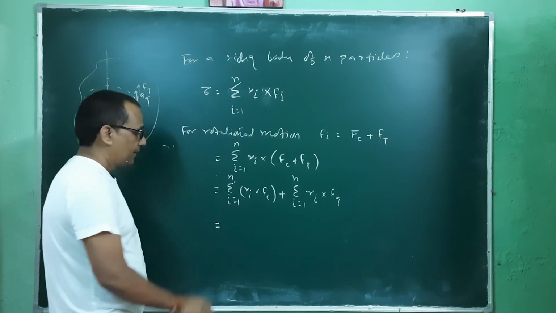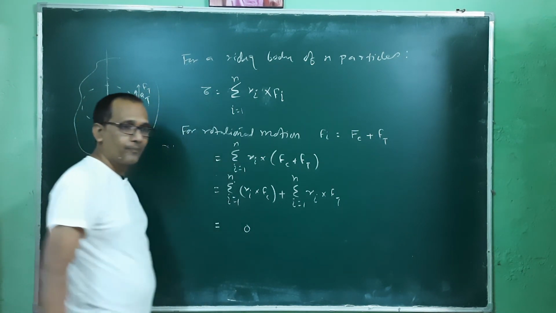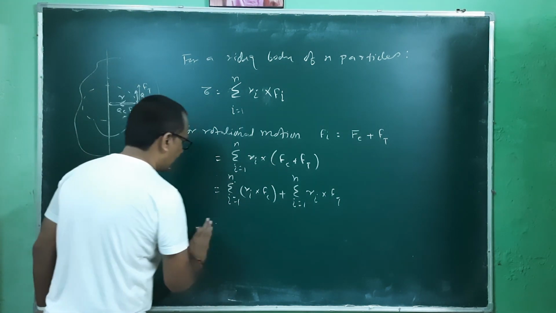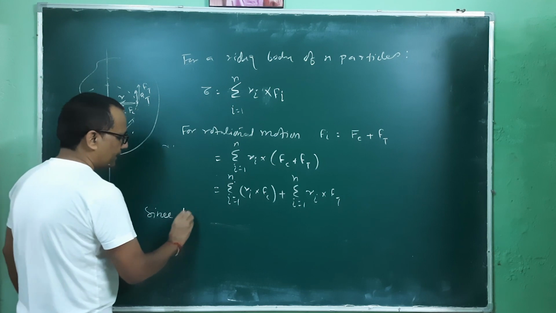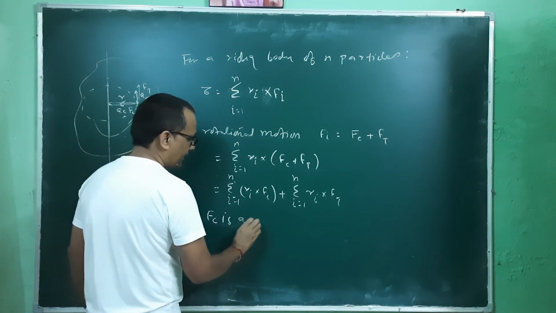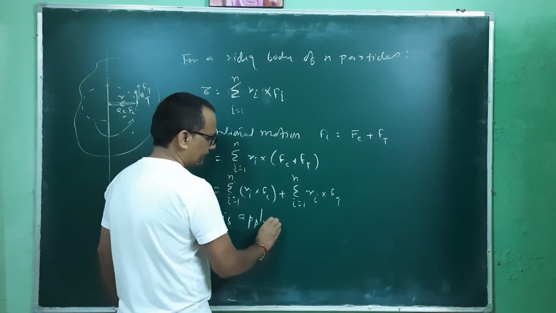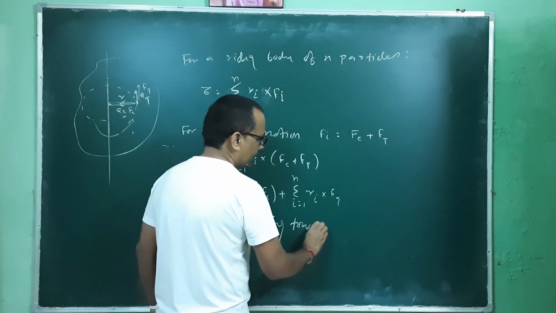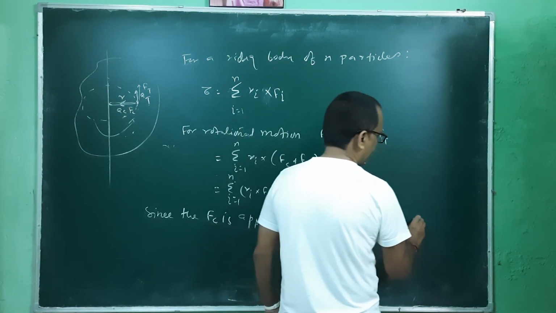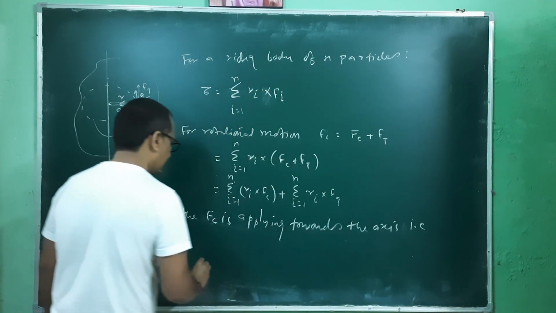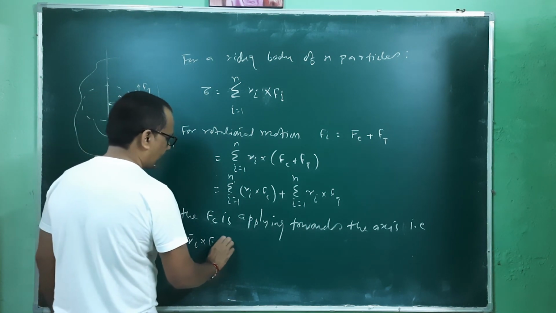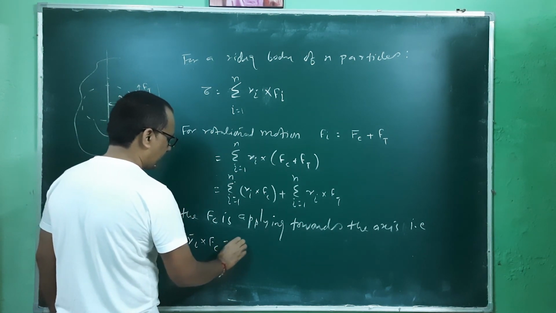Since the direction of Fc is towards the axis, Ri cross Fc is equal to 0.